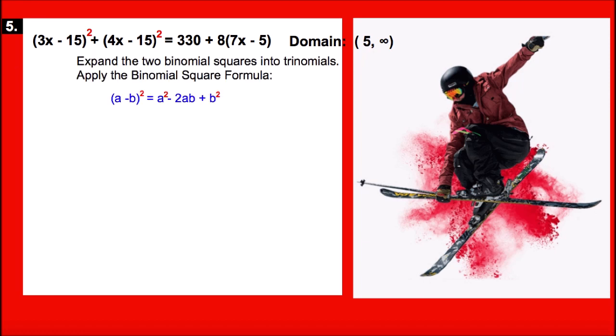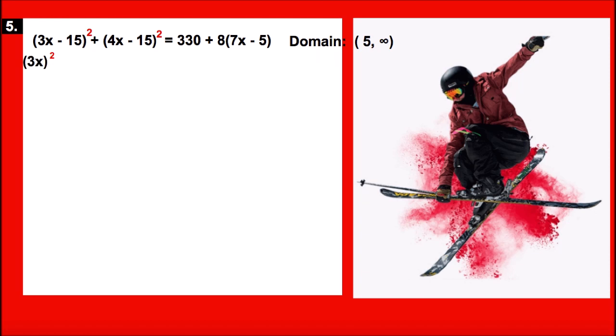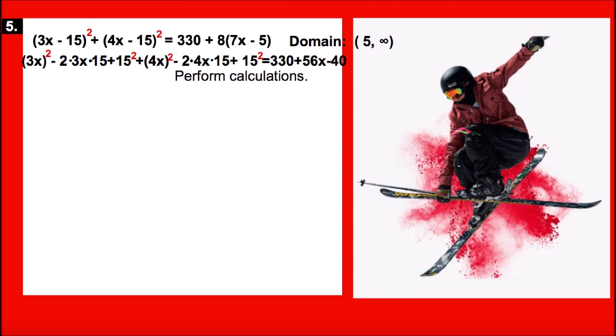Expanding the two binomial squares into trinomials, applying the binomial square formula: 3x everything squared minus 2 times 3x times 15 plus 15 squared plus 4x everything squared minus 2 times 4x times 15 plus 15 squared equals 330 plus 56x minus 40.